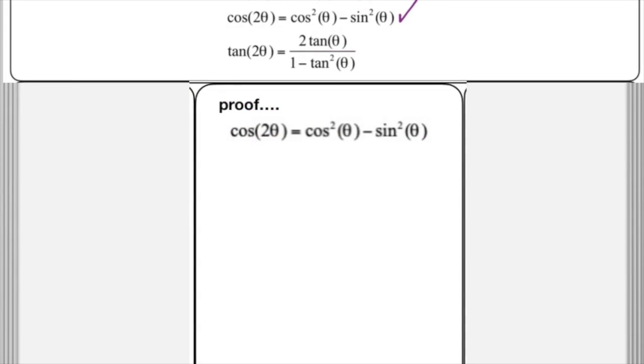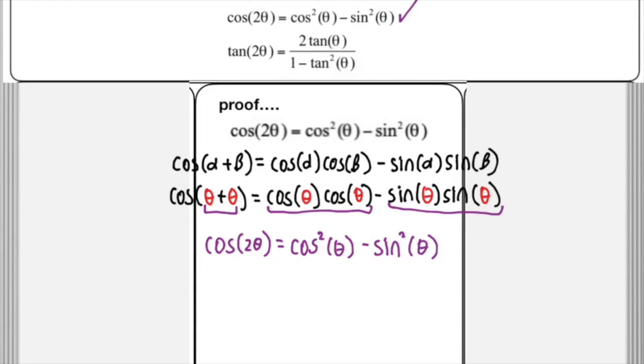Give it a pause and then see if you can find your way to the solution. All right, there we go. Using the same technique, we have derived it just by dropping in the double thetas for alpha and beta, and using algebra from there on out to prove it.